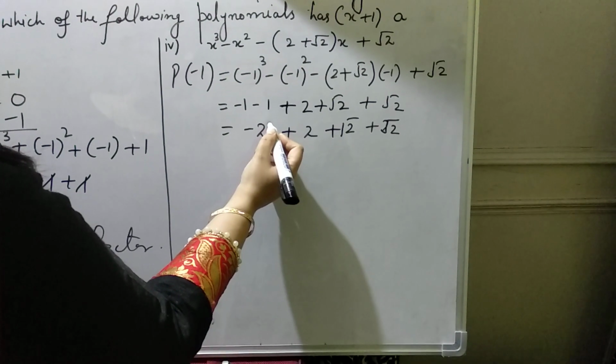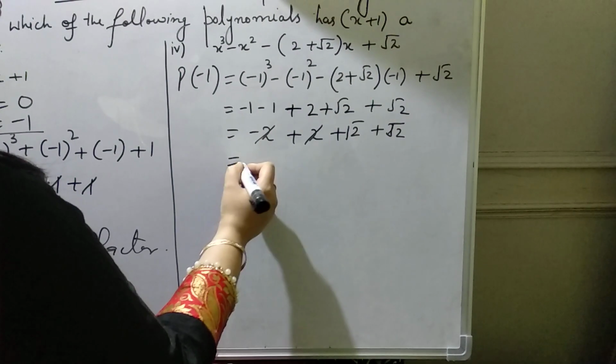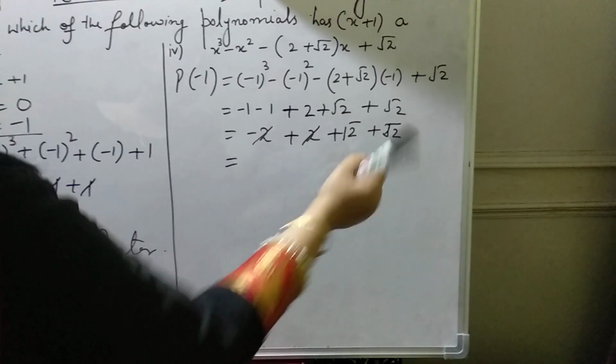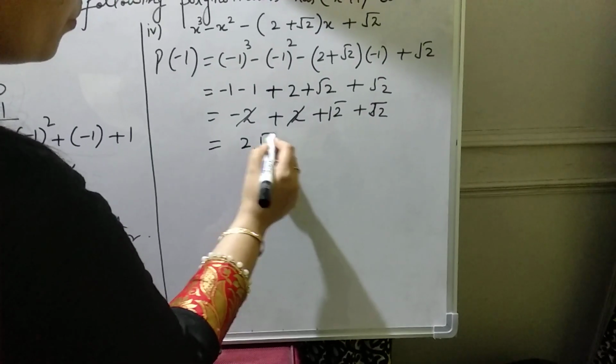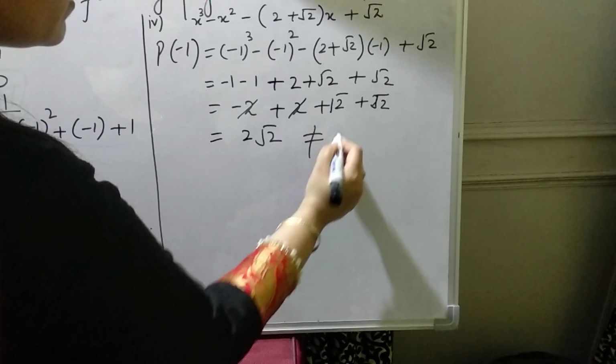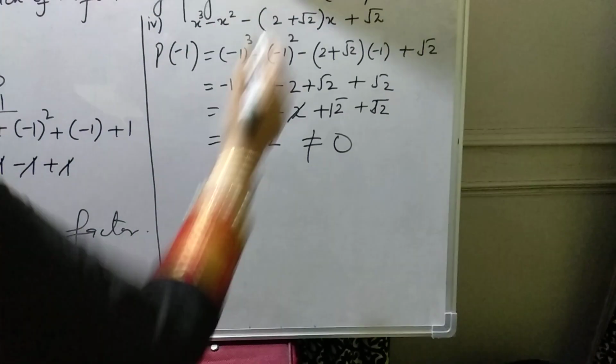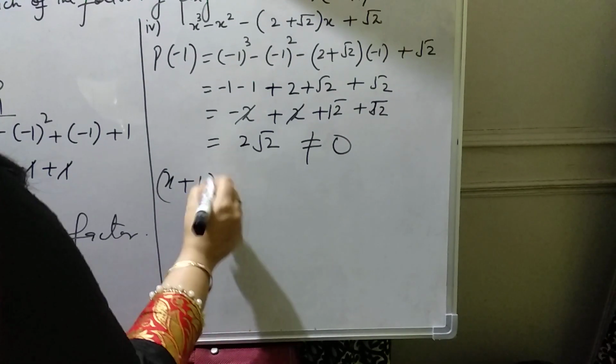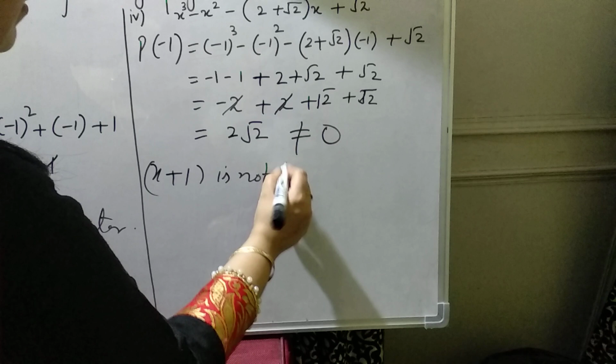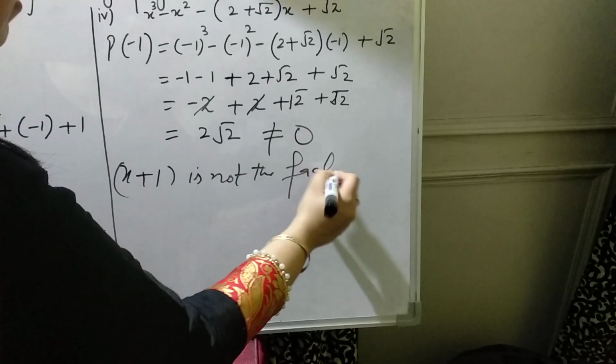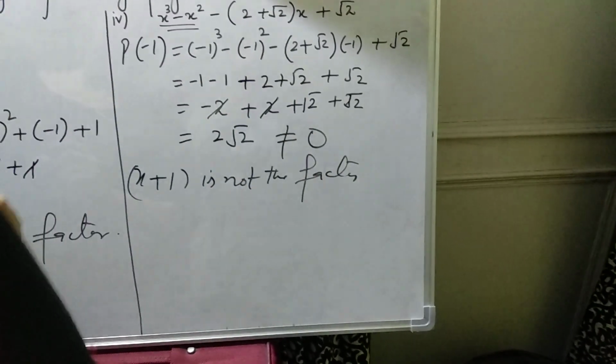Now this minus 2 and plus 2 will be cancelled out. Root 2 plus root 2 is 2 root 2, which is not equal to 0. It means x plus 1 is not a factor of this polynomial.